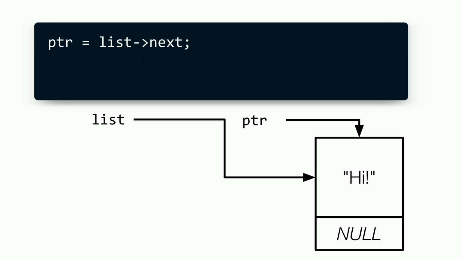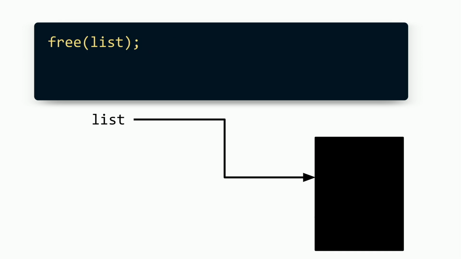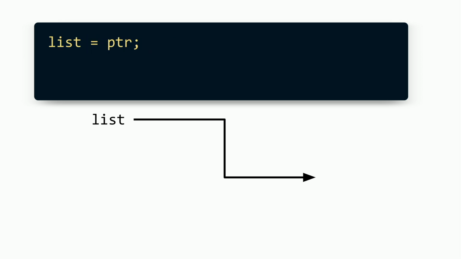What does list arrow next store? Or what does high node point to? Null, exactly. PTR now will store null, and so we can move forward with that. We're freeing the list, and then we're resetting list equal to PTR.